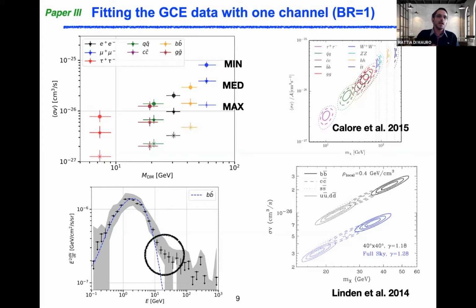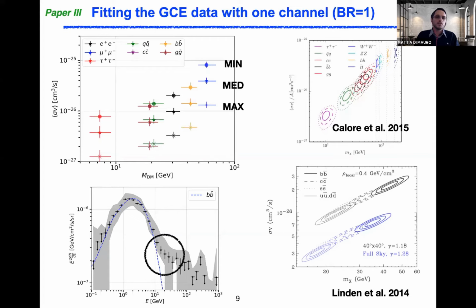In the top left, you see the summary of the annihilation cross-section and dark matter mass that fit well the spectrum with the variation of min, med, max for the dark matter density profile. Using the med scenario, our results are similar to Calore et al. and Linden 2014. And the result is that for b-bbar, we need something close to the thermal cross-section with a mass between 40 and 50 GeV.